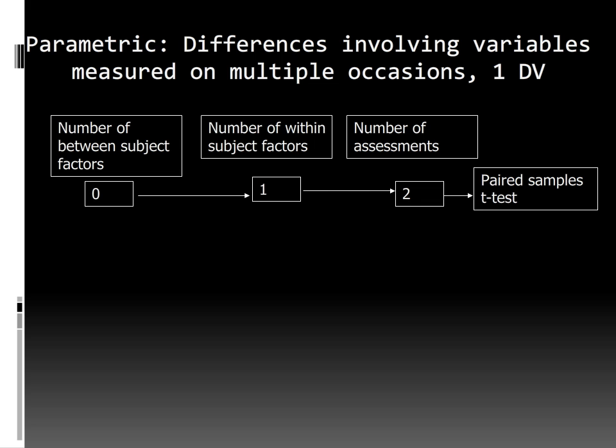An example of a research question where a paired samples t-test would be most appropriate is as follows. Does squat performance improve from before to after a strength training program?